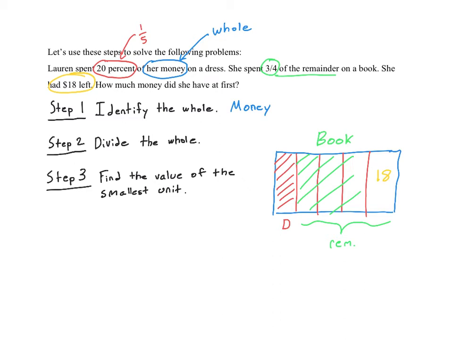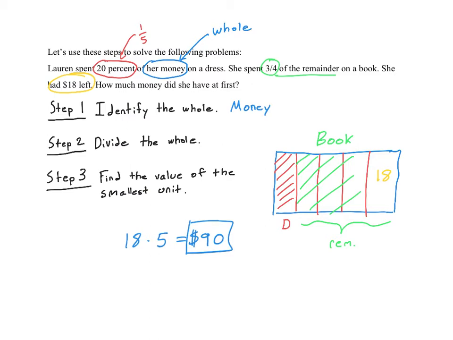Now we're ready to analyze what did the question ask for. It said how much money did she have overall. So it's asking for the whole. So there's 5 parts of this 18 that make up the whole. So what we have to do is take our number 18, multiply it by 5 to get the whole, which is 90. So $90 is the correct answer to this problem.